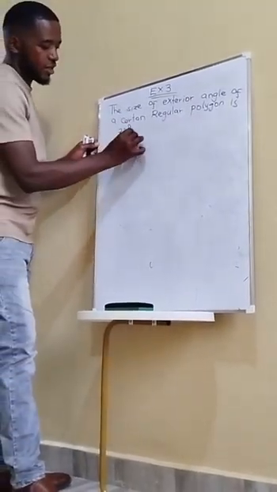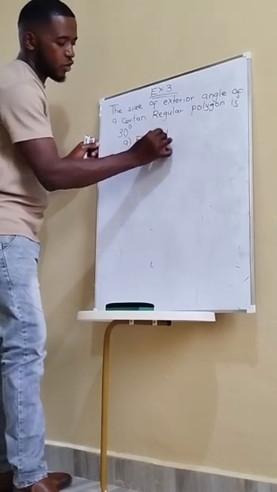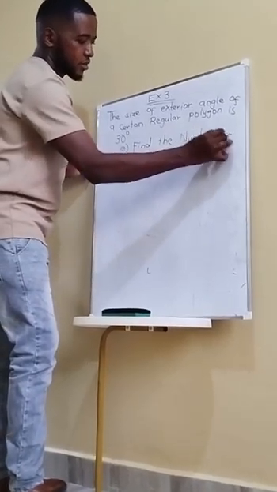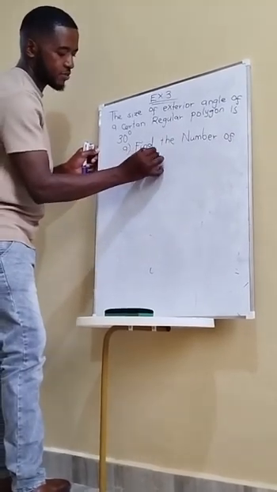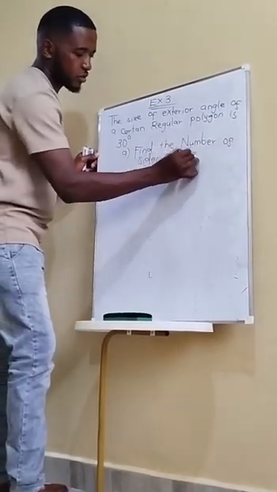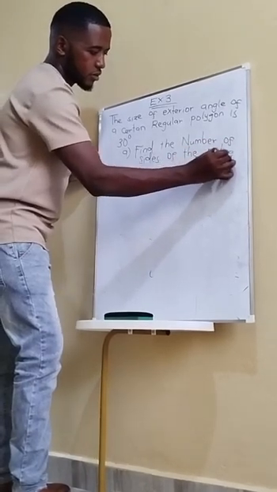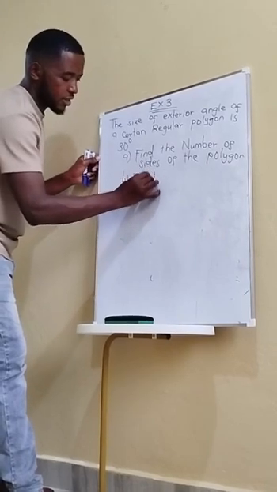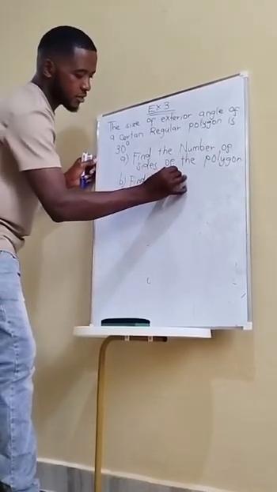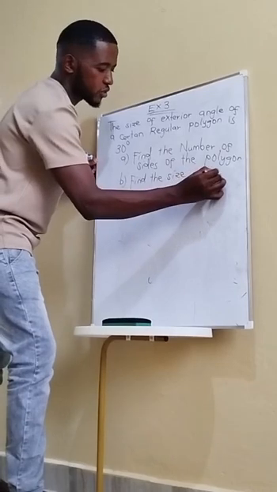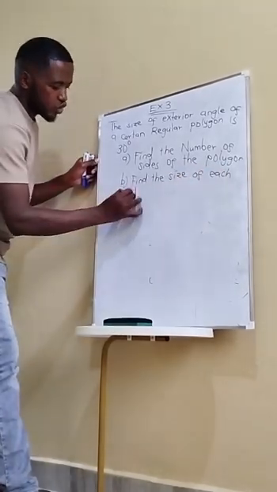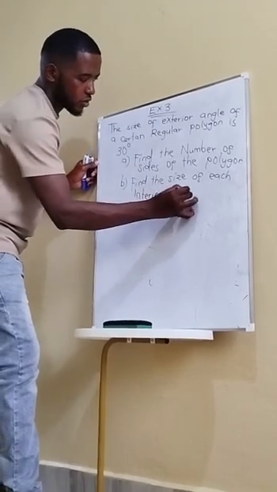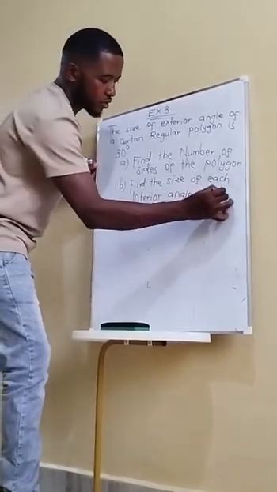A, find the number of sides of the polygon. B, find the size of each interior angle of the polygon.